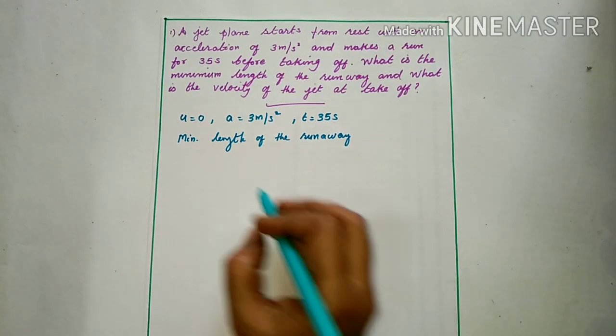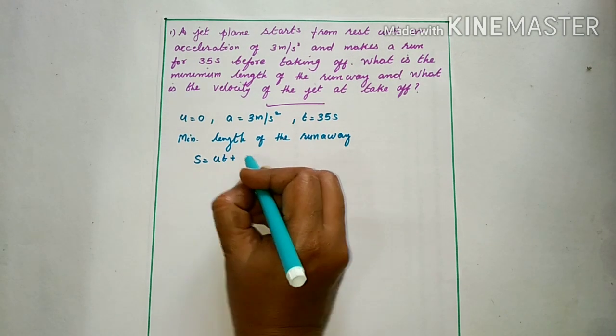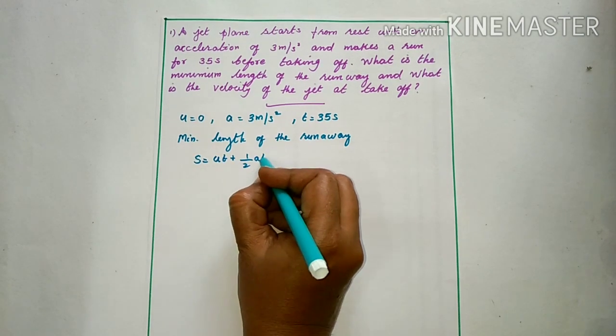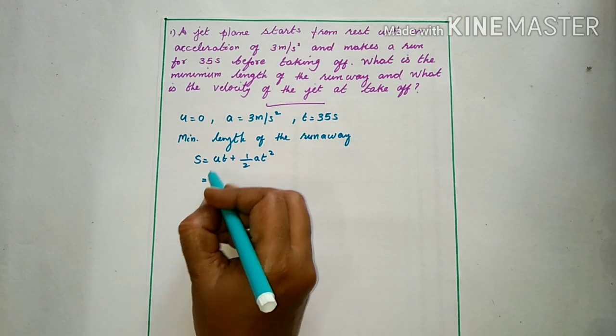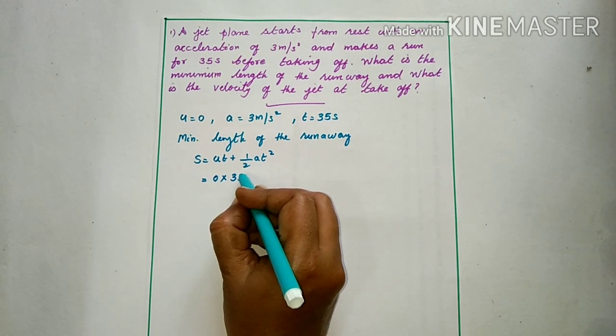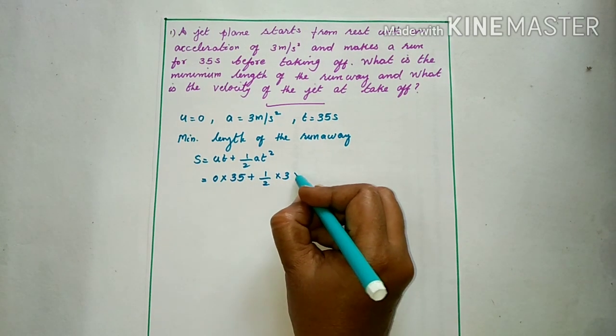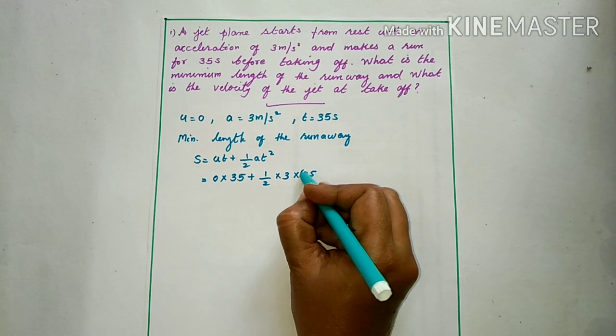From the equations of motion, we can write s equal to ut plus half a t square. Then substitute the values: u equal to 0 into 35 plus half into 3 into 35 the whole square.